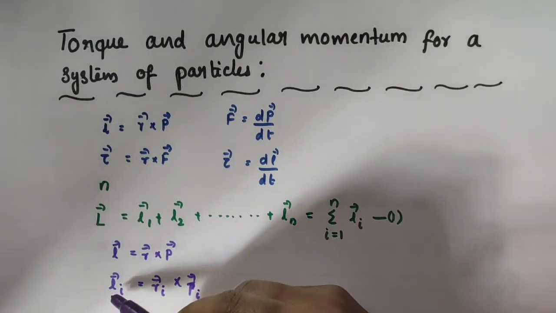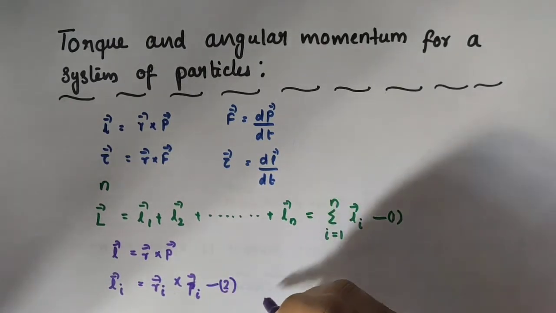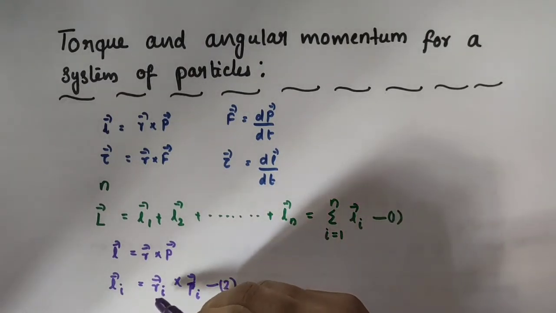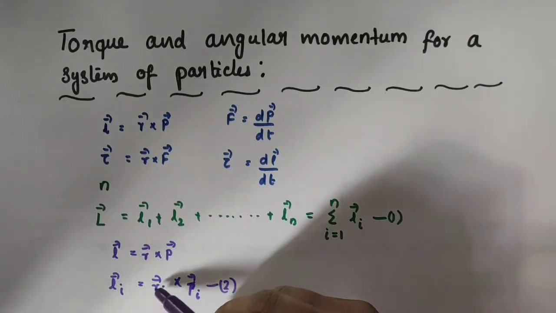That is, the angular momentum of the ith particle can be written as vector Ri cross vector Pi, and I am taking this as equation number 2. Here, vector Ri is the position vector of the ith particle with respect to a given origin.